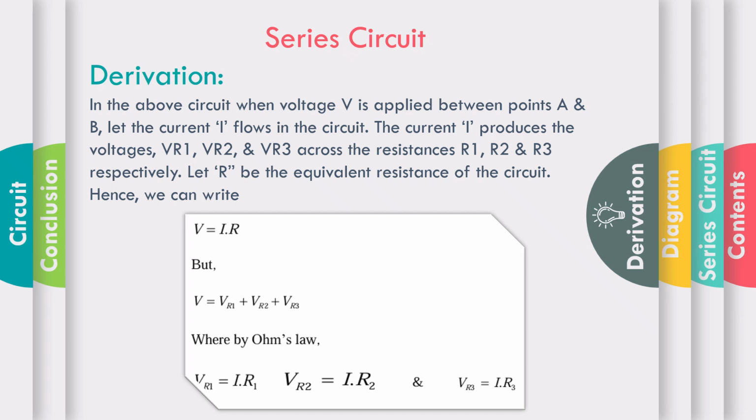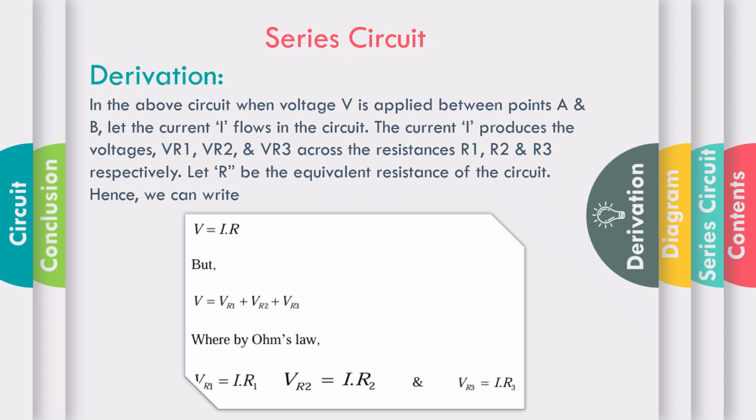First, we apply Ohm's law to the above circuit. We will get the equation V is equal to I into R. Here V is the total voltage of the circuit, I is the total current of the circuit and R is the equivalent resistance or total resistance of the circuit.